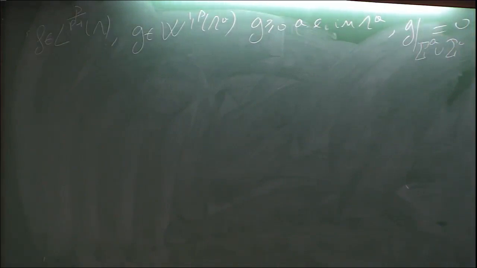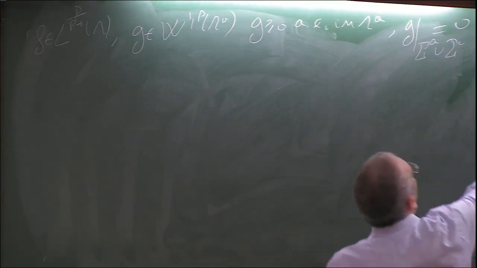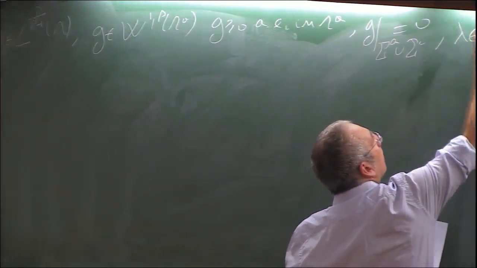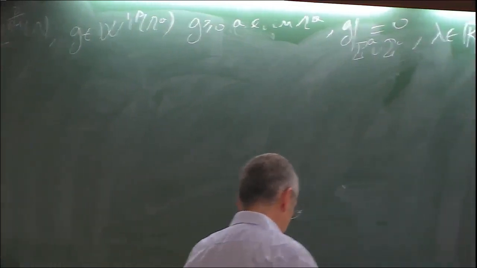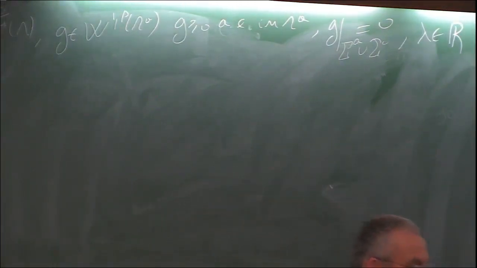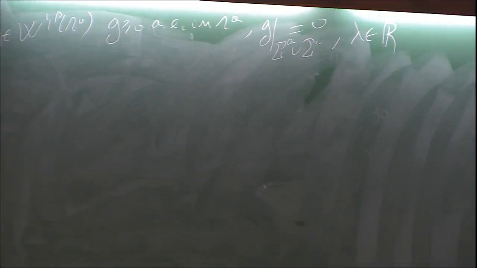Then G is a function defined in omega A, is 0 here and 0 here. And moreover, lambda is a real number. Then, which is the problem we're going to study?